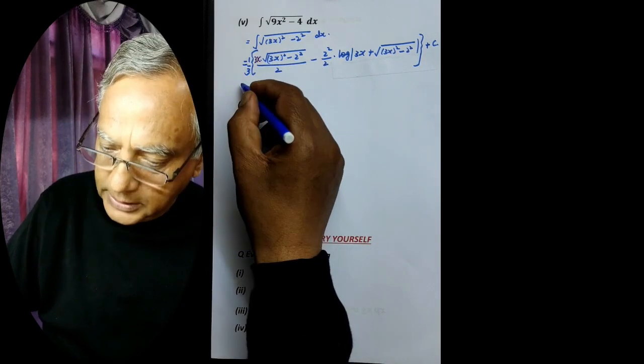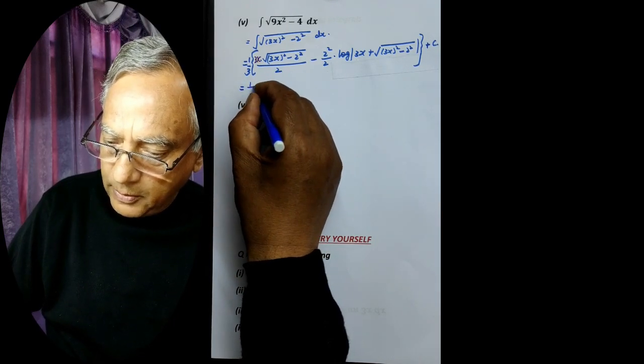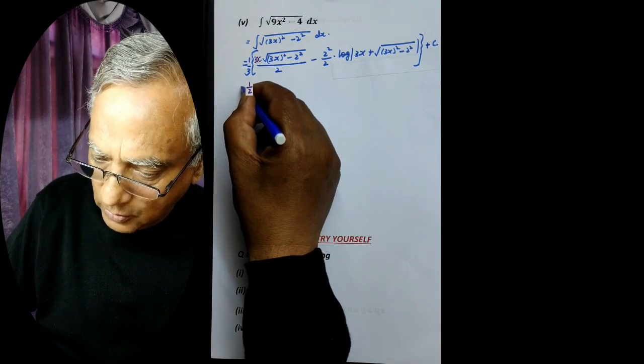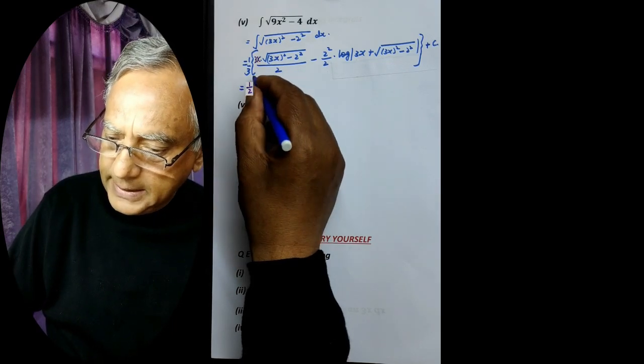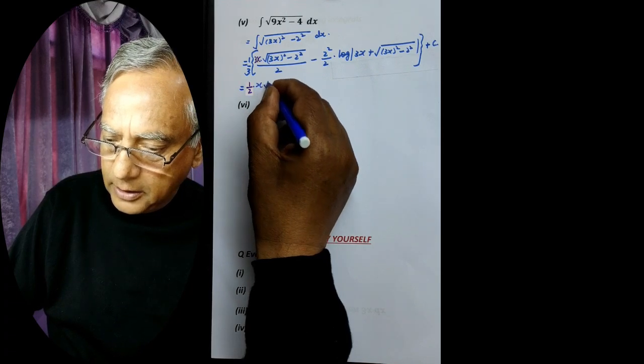So this will be 1 by 6. So this will be 1 by 2 x under the root 9x square minus 4, minus this will be 2 square, 4.